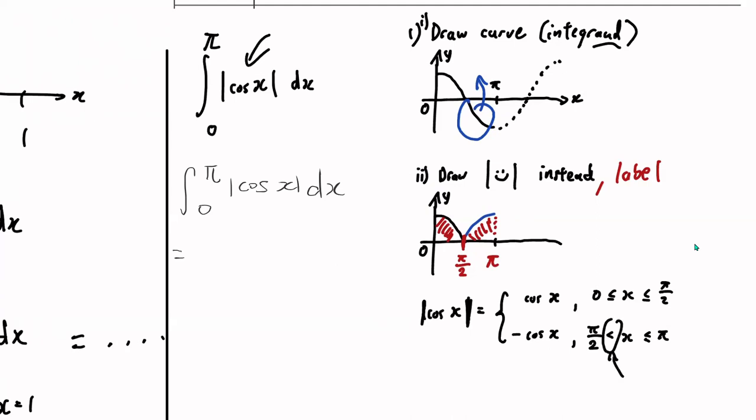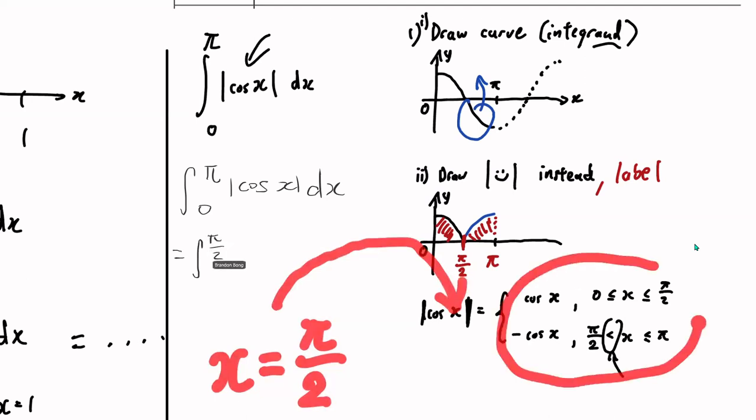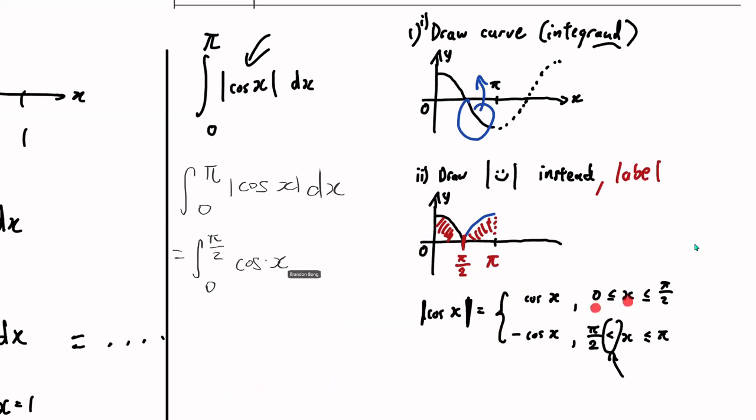Imagine you're a computer. You give it instructions. I say x equals pi over 2. Dear computer, can you give me the answer, what is modulus of cosine pi over 2? Then it will read the input, replace it into the x, and then look at the instructions. The instruction says, if x is between 0 and pi over 2, including pi over 2, use cosine x. Substitute the x inside this one.